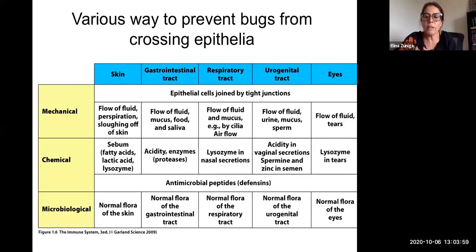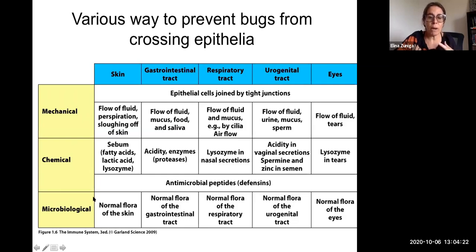They are also called defensins. And many of them, we are still not sure how they operate. And finally, examples again of chemical barriers are enzymes like lysozyme that will destroy the pathogen, low pH that will also destroy the pathogen, and the antimicrobial peptides.